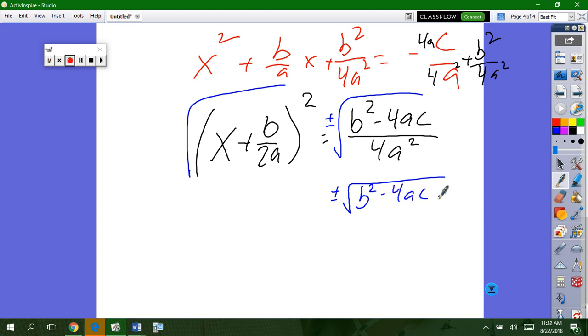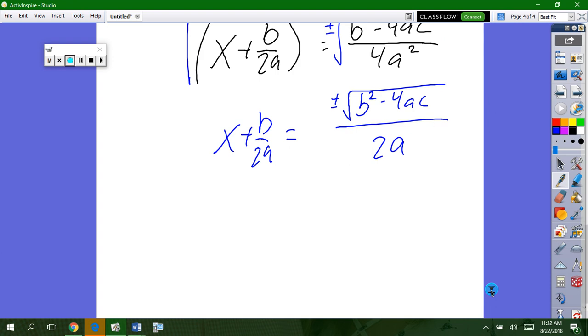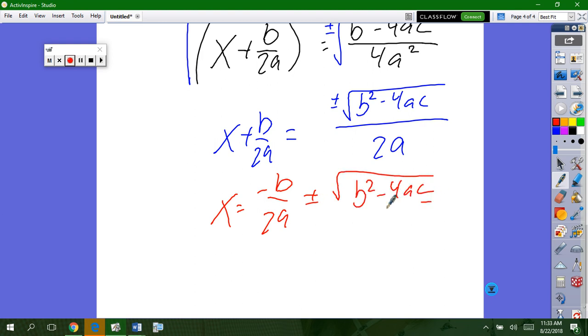What's the square root of 4? 2, and the bottom a squared becomes a. Okay. Last but not least, is x by himself yet? We're going to just subtract it over, because they have a common denominator.